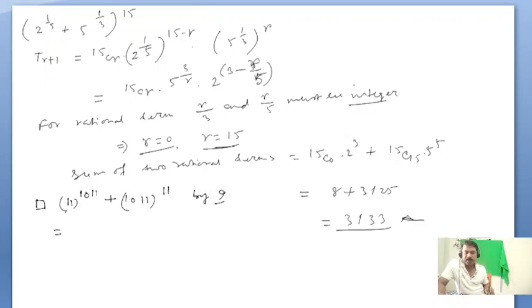Okay, we may write 11 as (9 plus 2) whole to the power 1011 plus (1008 plus 3) whole to the power.